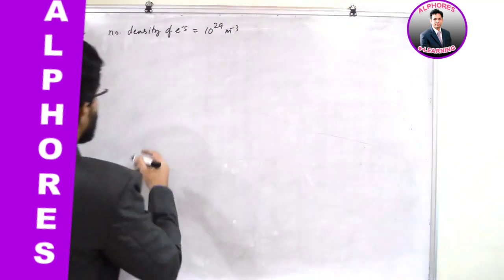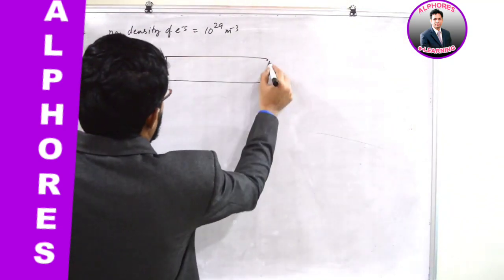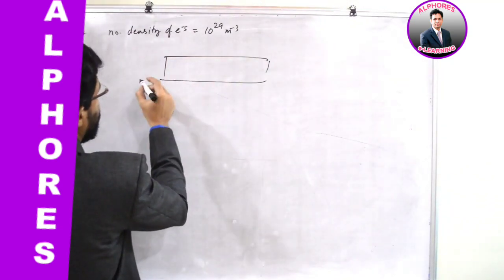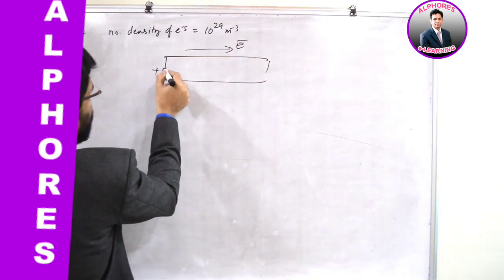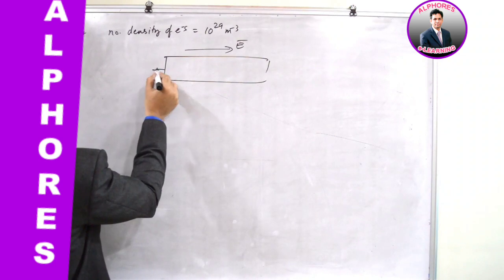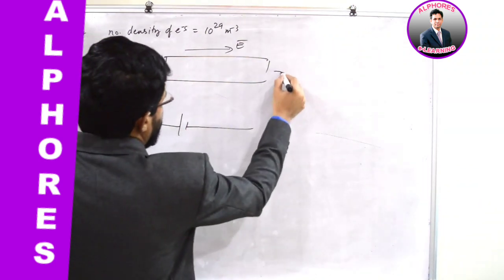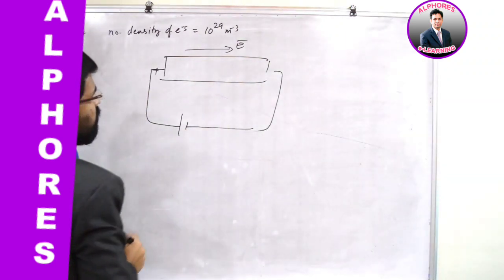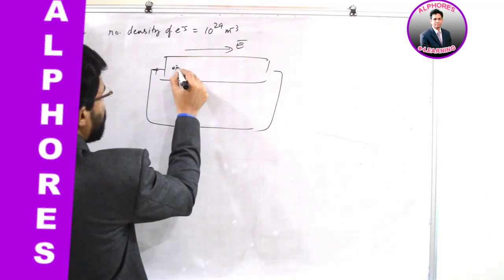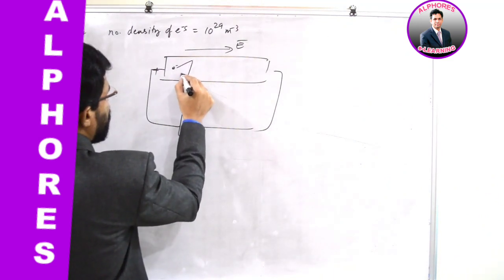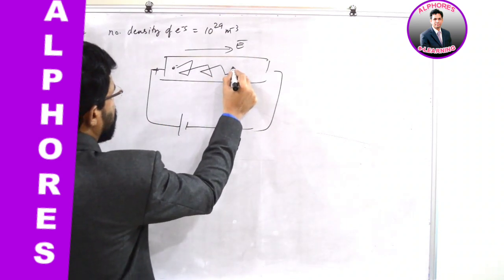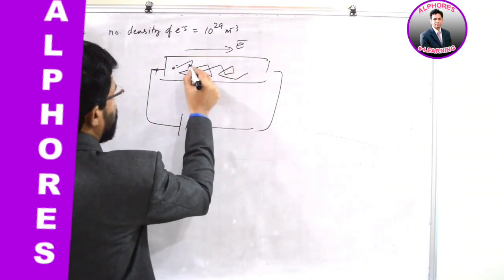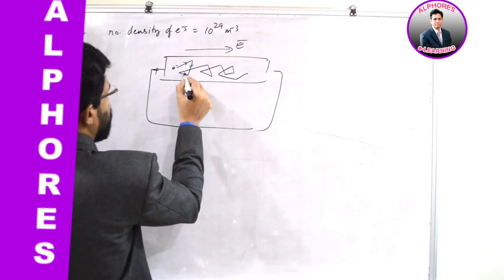So what happens if you take a conductor, something like this, and let us say there is an electron here, and the electric field is applied in this direction, like this particular end of the conductor is connected to the positive terminal of the battery, and this is connected to the negative terminal of the battery. If there is an electron here, its motion can be something like this, like this, like this.